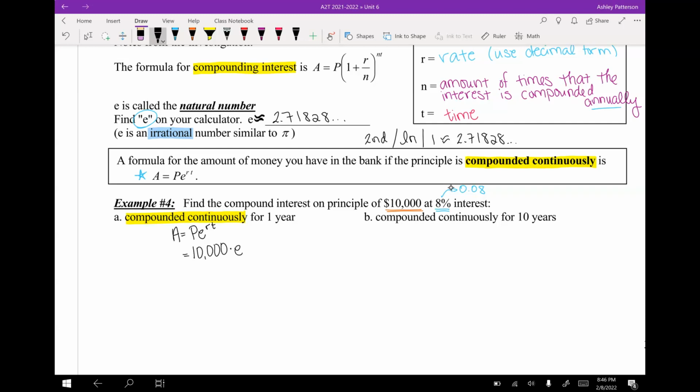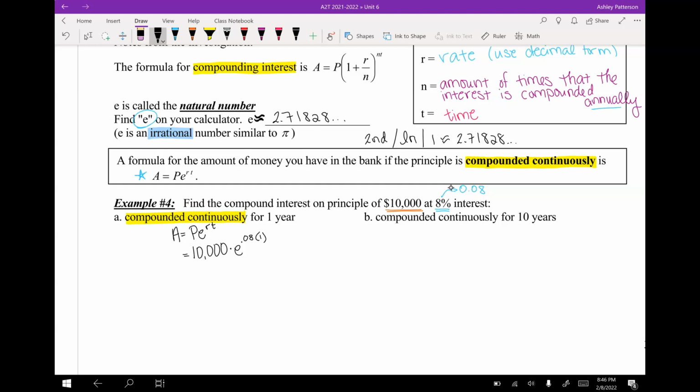We then multiply it times e raised to the rate, 0.08, and this is for 1 year. So go ahead and put this into your calculator with me. Please be careful. We're going to put 10,000 times, most likely you're going to hit second and then your LN button, depending on where e is. And if you need to troubleshoot with each other, please do so.